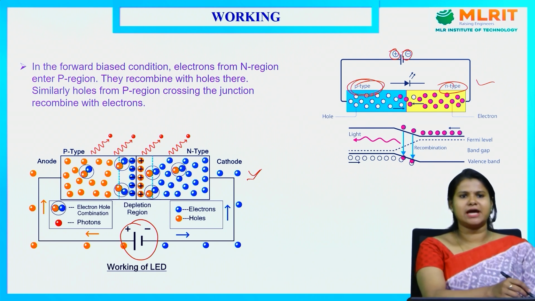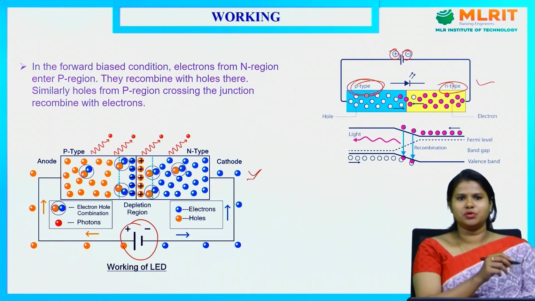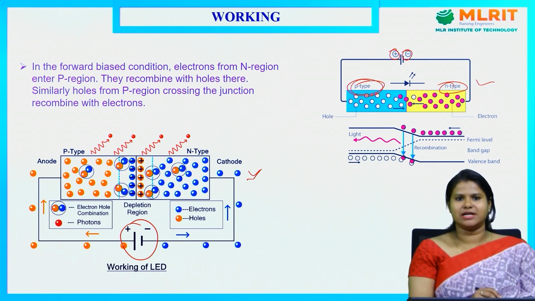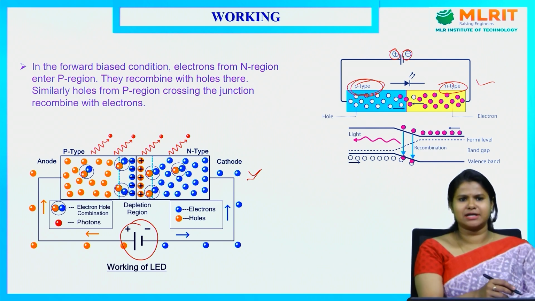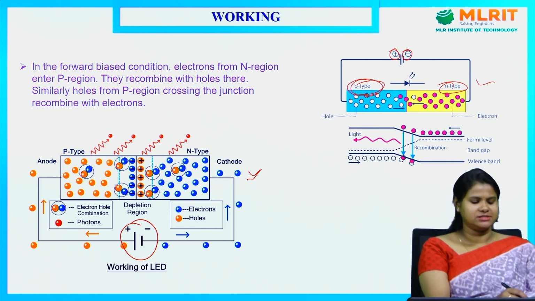In this diagram, the orange charge carriers represent the holes and the blue charge carriers represent the electrons. As I told, when the applied voltage is greater than the barrier potential, the holes from the P side will enter the N side.